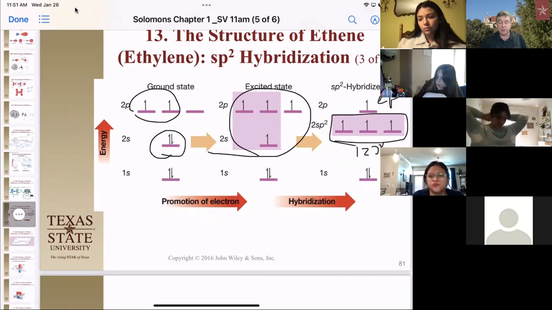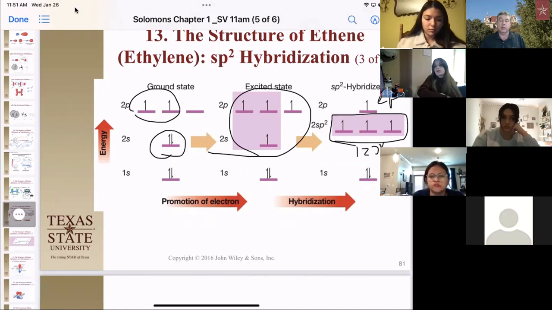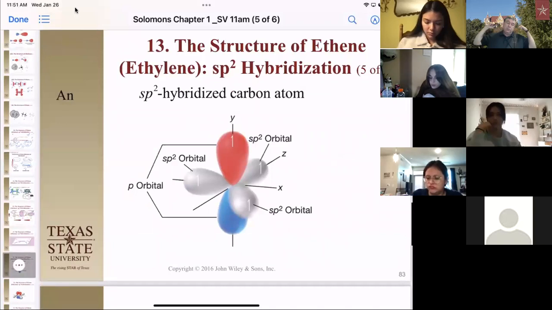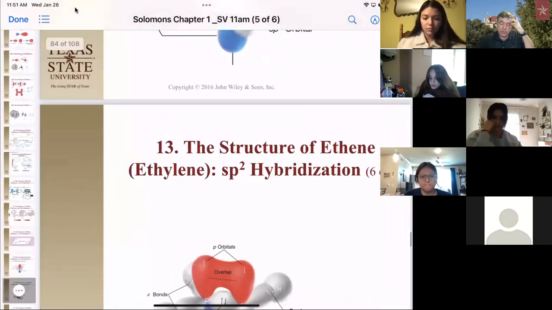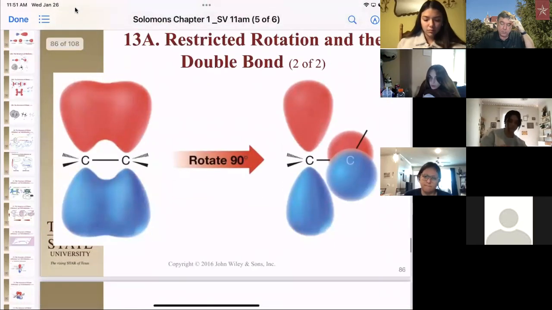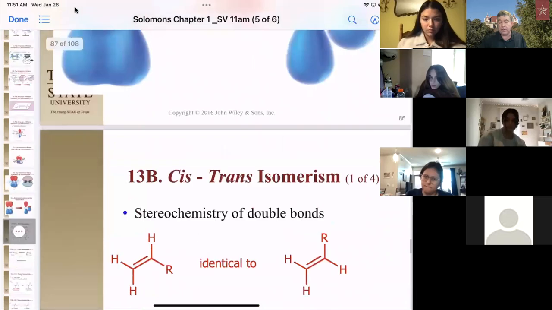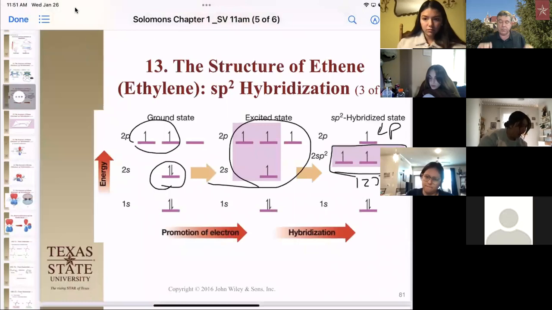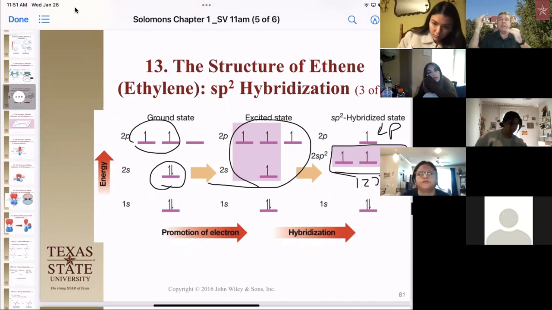Okay, so what if we don't do 2 of the pi orbitals and let's do 1 of them? Okay, so when we do the 1, these are the same pictures here, interesting. I was trying to go to the sp hybridization, but I'm going to stop here. Okay, so we've hybridized it, so we have 3 equal sp2 orbitals that form sigma bonds. And we have 1 p orbital that forms that double bond.